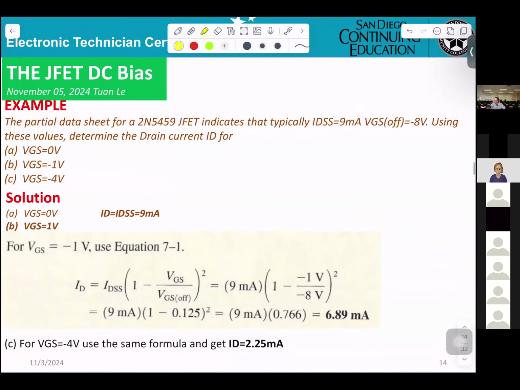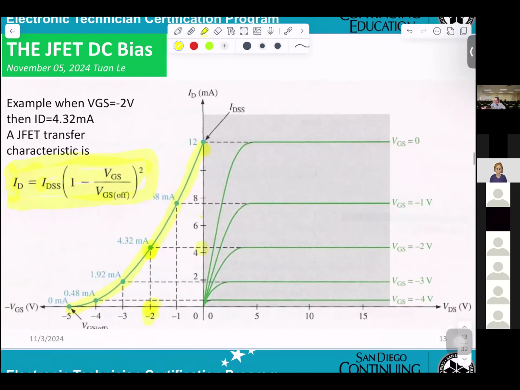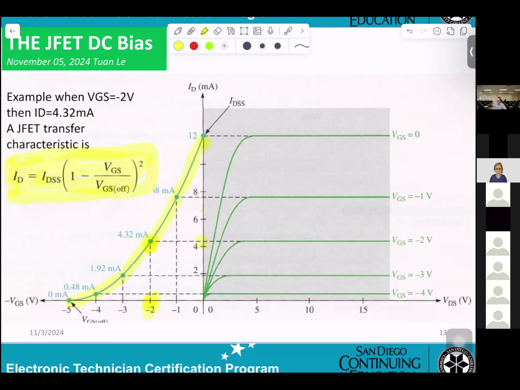Mr. Van, yes sir. The VGS off, where is that on the graph? Minus 5 volt. Oh, minus, so VGS off is all the way at the extreme end of that graph, the minus 5 volts.